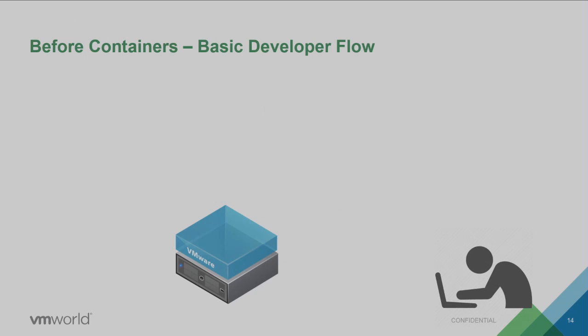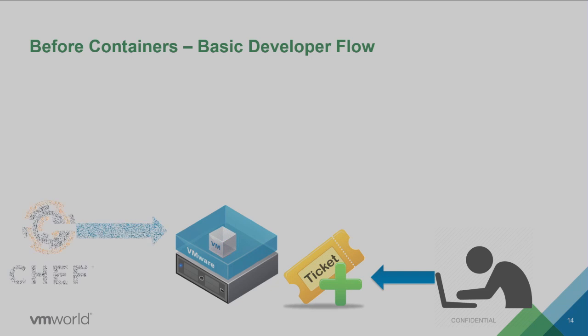So before containers, the basic workflow, and this should look familiar to you if you're a vSphere admin, is you've got your developers, they come to you and say, I need a VM. They open a ticket, you spin them a VM on vSphere, they use some sort of integration or configuration management. Chef, for example, pushes the binaries and sets up the middleware, the Apache web server.